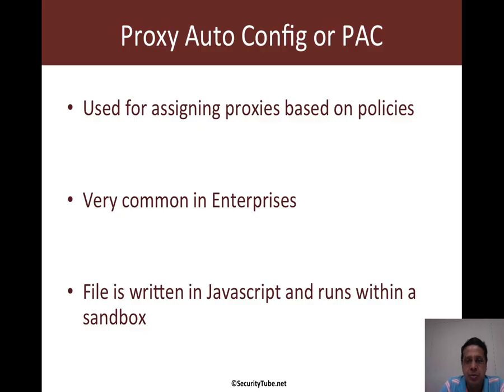And we'll look at some of the interesting possibilities in this video. Now, the interesting part is the proxy autoconfig is actually written in JavaScript, and of course only a certain number of functions are allowed, and it runs within a sandbox.